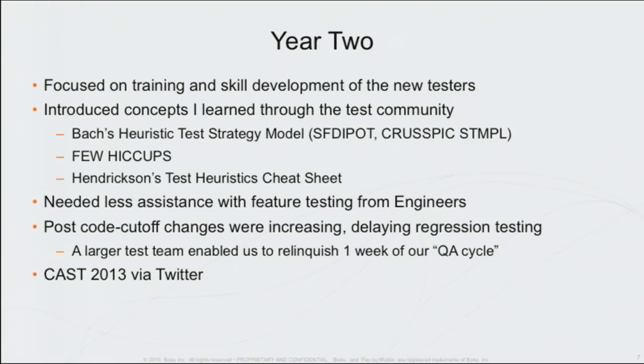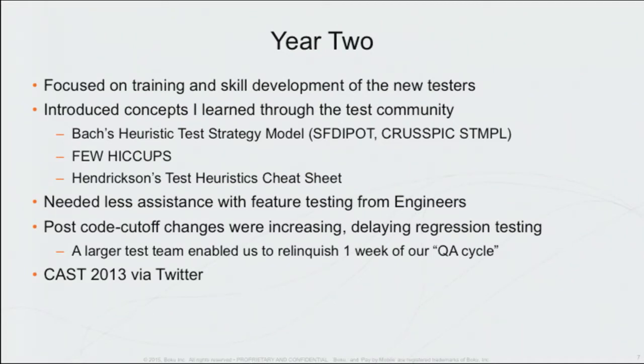And in that 2nd year, I focused a lot on skill development of the testers that I had just brought on. I had been exposed to some really interesting resources, both through Twitter and through blogs. So I thought I would bring these into the workplace and teach the testers about them. That included things like James Bach's heuristic test strategy model, which describes a way of approaching testing that uses heuristics.